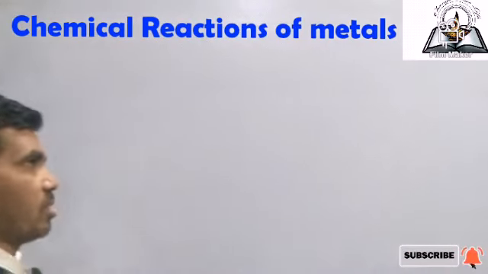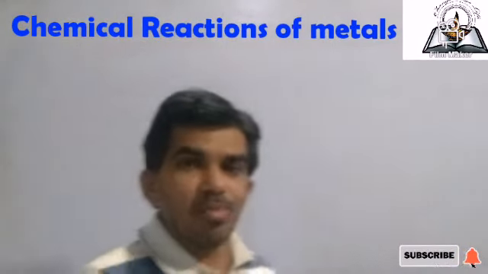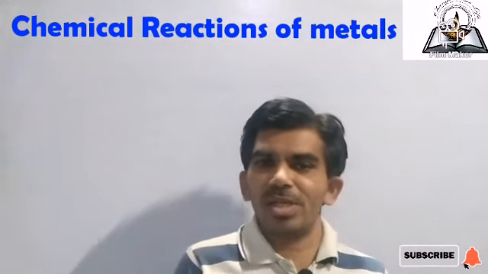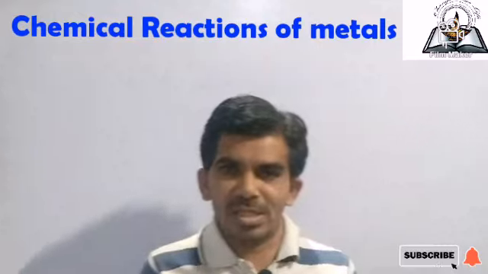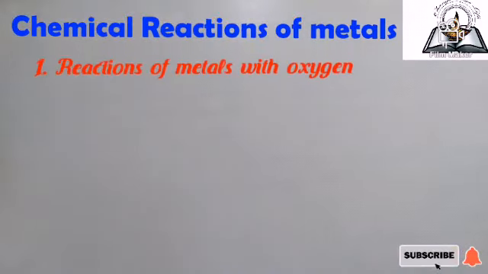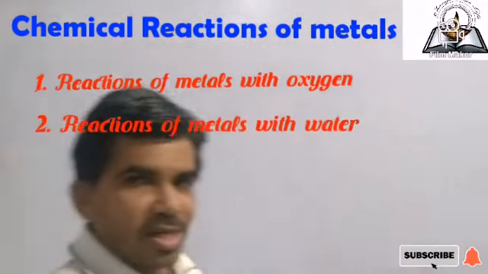So for this purpose, we have to see the chemical properties of metals. There are 5 properties of metals given in the syllabus. First one is the reactions of metals with oxygen. Another one, reactions of metals with water.